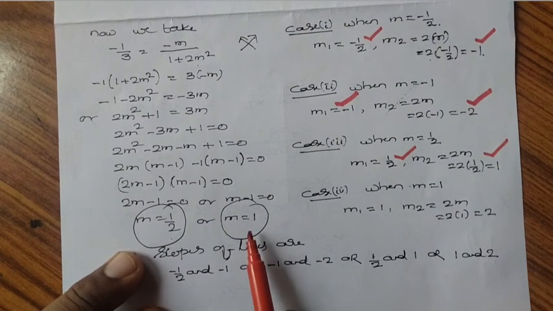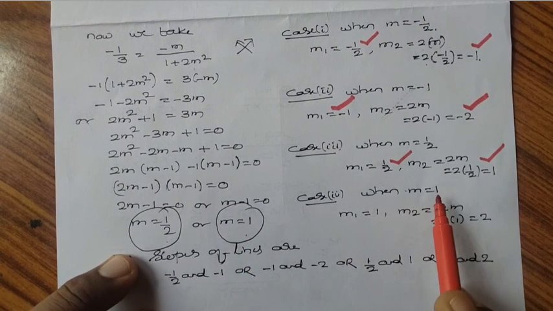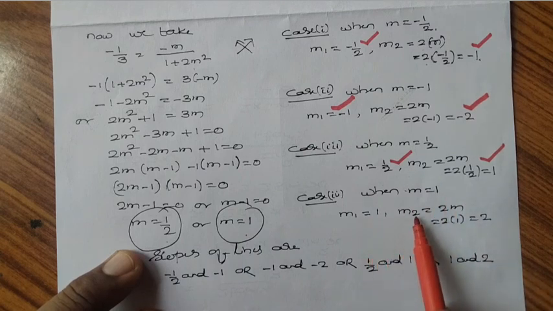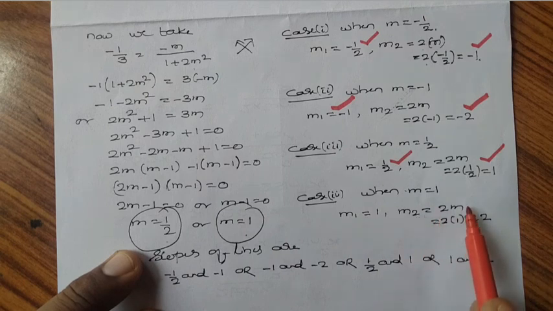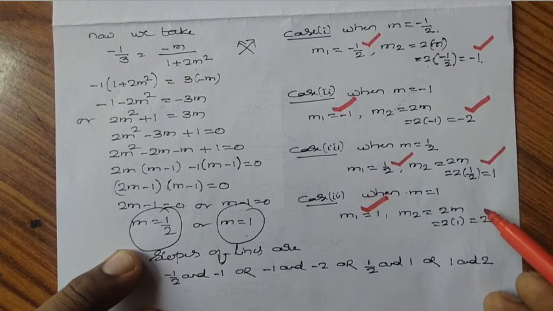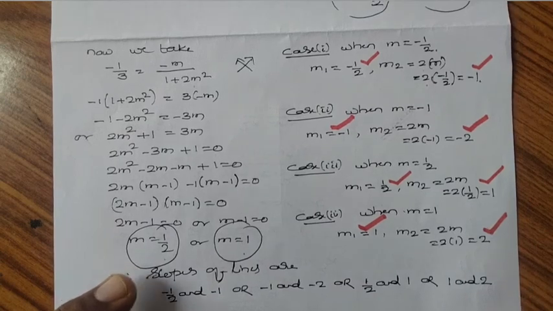The next and last case is we take m equals 1. M equals 1 means the slope of the first line is 1. Then we need to find the slope of the other line. Then m2 equals 2m. Substitute m equals 1, we get 2. So if the slope of the first line is 1, then the slope of the other line is 2. Okay, got it here?